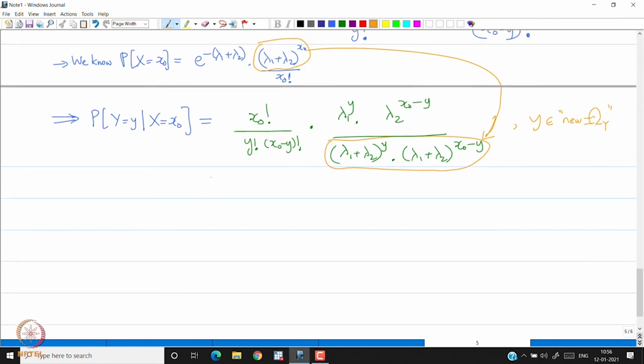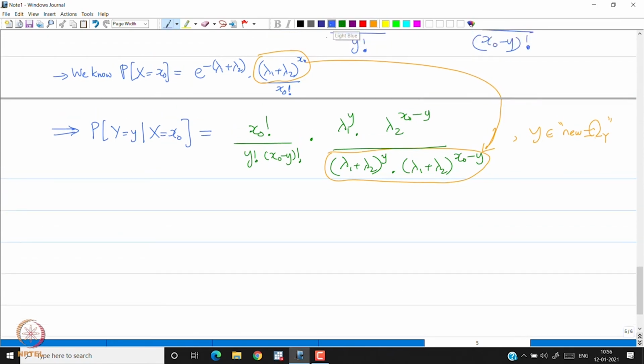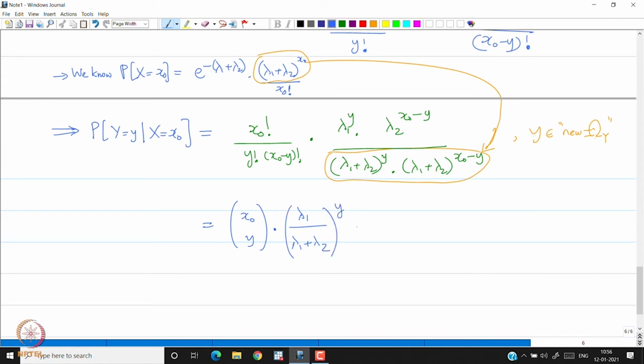Because this is exactly equal to x naught choose y. Remember this small y is always between 0 and x naught, multiplied by lambda 1 by lambda 1 plus lambda 2 to the power of y, small y, multiplied by 1 minus lambda 1 by lambda 1 plus lambda 2 to the power of x naught minus y.